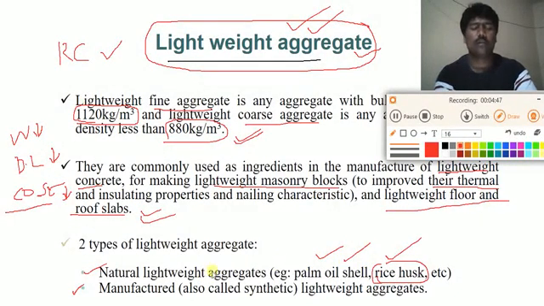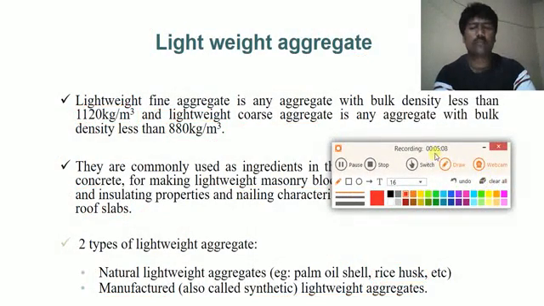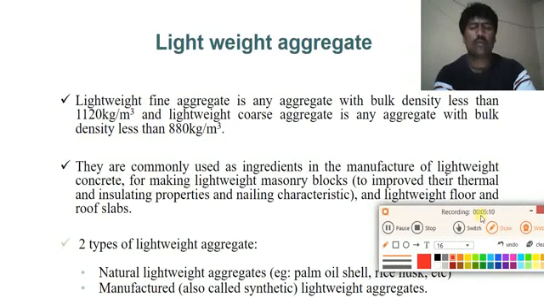And also the manufactured lightweight aggregates, which are also called the synthetic lightweight aggregates, I could say. So these are the types of the lightweight aggregates. Therefore, these lightweight aggregates are much used nowadays in the preparation of a concrete.